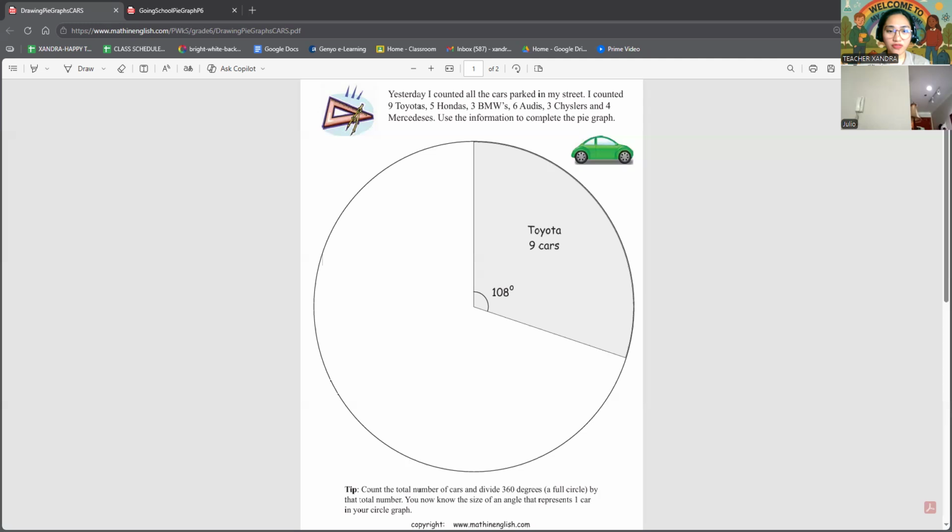Just count the total number of cars. 27? Why 27? You said to add.